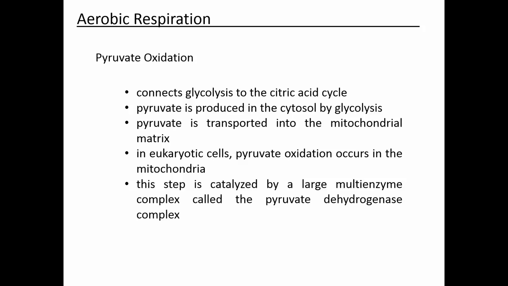And it actually consists, this detail you don't need to know, of 3 different types of enzymes that catalyze 3 separate reactions, but all of them are part of the pyruvate oxidation process. Okay? And so essentially what's going to happen during this process is you're going to take the 2 pyruvates that you made in glycolysis, and each of them is going to be broken down, and they give off carbon dioxide.